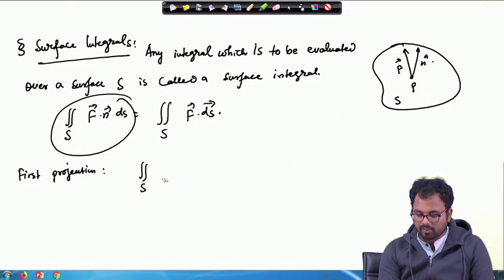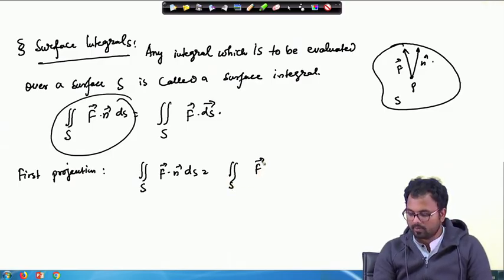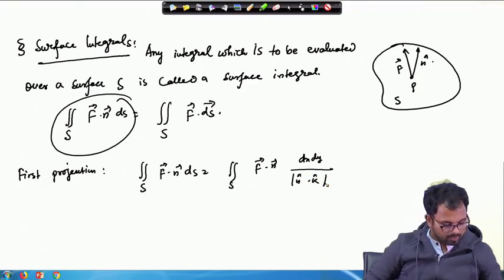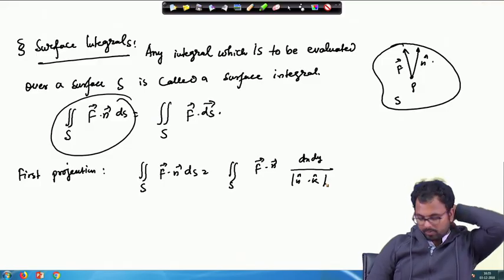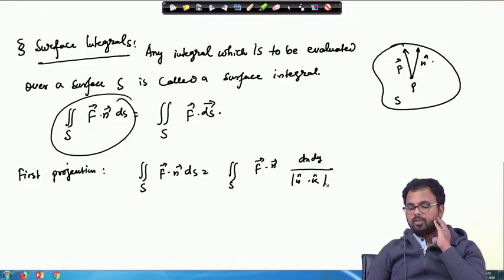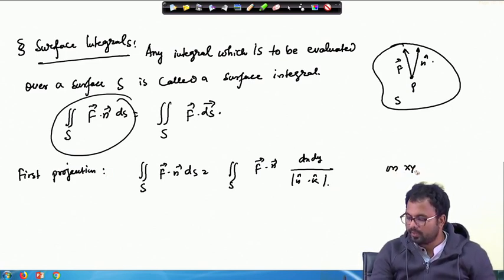Then the surface integral over S of f dot n ds is the surface integral over S of f dot n dx dy divided by n dot k. This is what we get when we take the first projection, the projection on the xy plane.